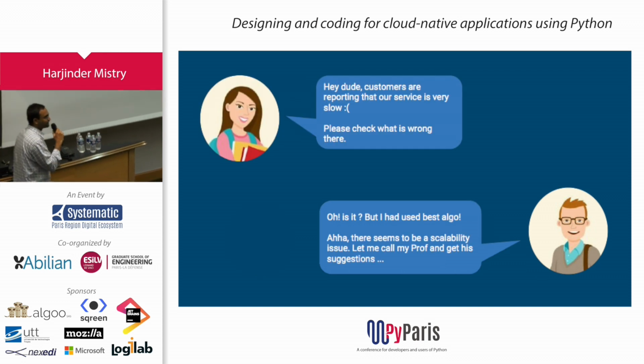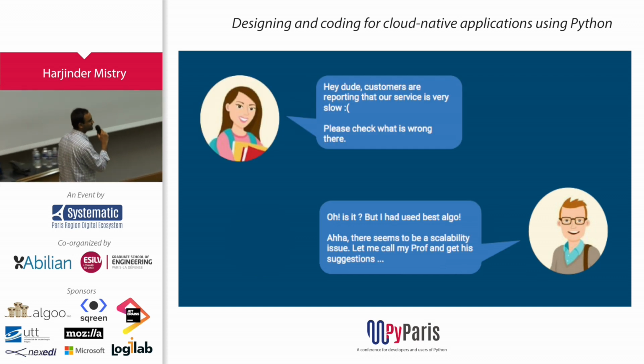Fine. So more and more customers are now using their service, they like it, and sooner they encountered a performance issue. Grace is somehow unhappy, and Mark is also confused because he had put a lot of effort in doing algorithm complexity analysis and so on and so forth. But he didn't expect this to happen.